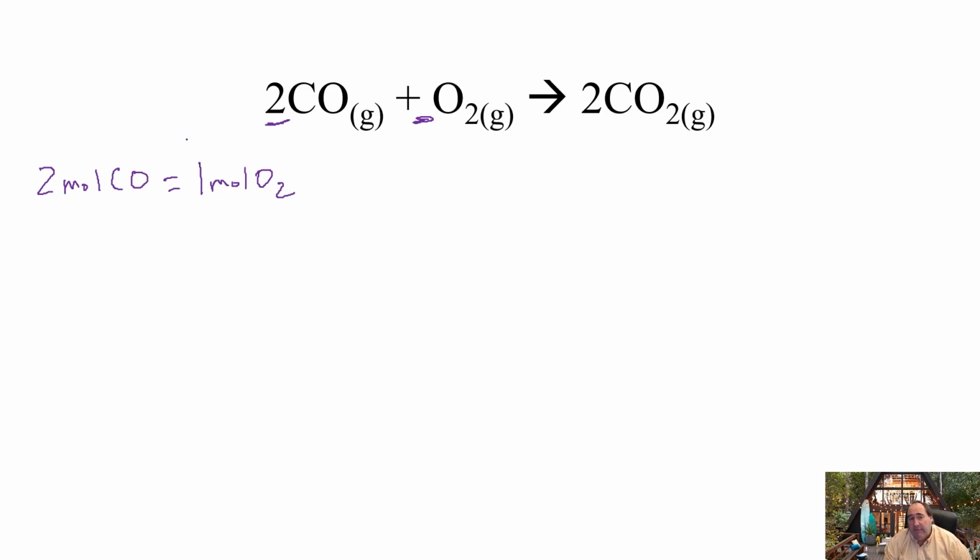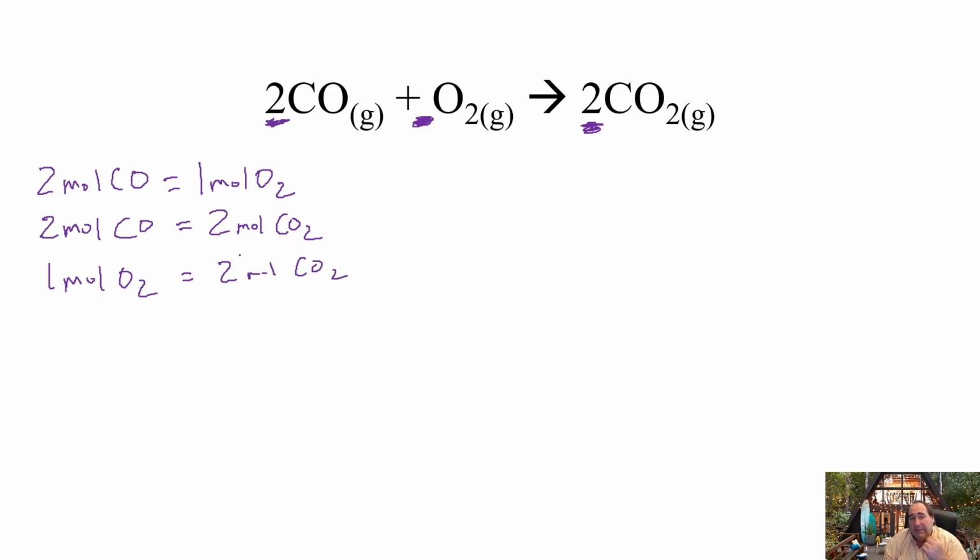I could also say for every 2 moles of CO that I put in there, I would need to produce 2 moles of CO2. I could also say for every 1 mole of O2, I will produce 2 moles of CO2. These are 3 equalities.